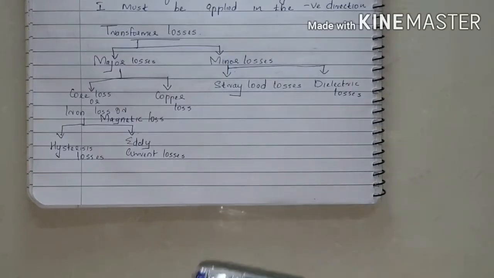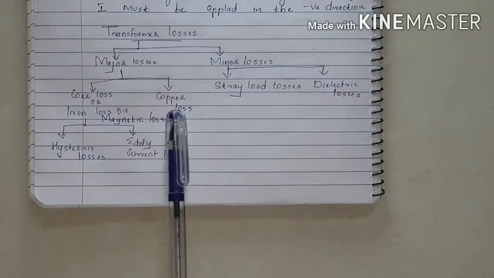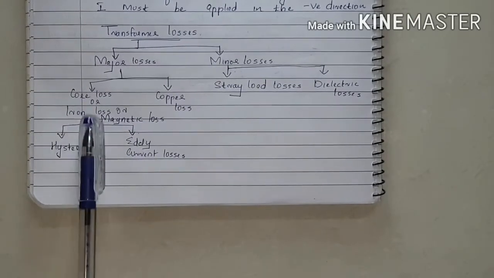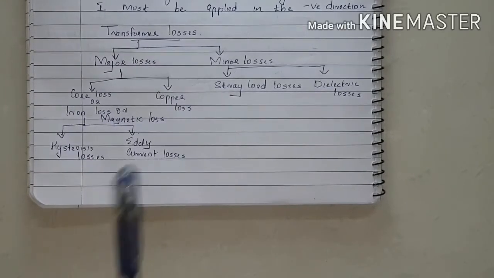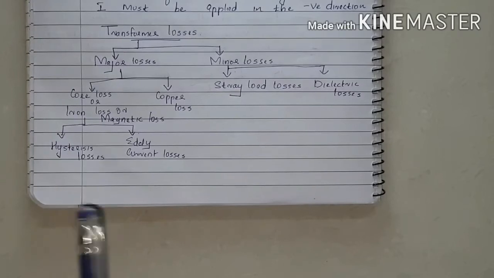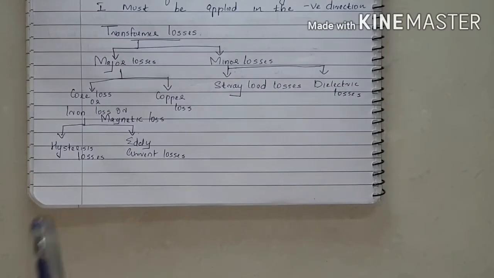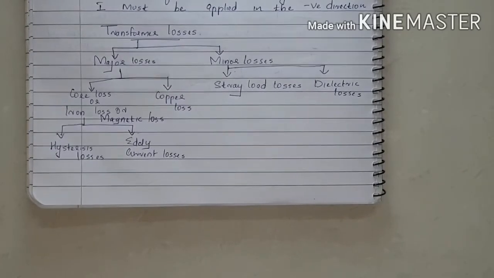The major loss is because of two losses, core loss, also called iron loss or magnetic loss, all are one, and the second loss is copper loss. This core loss is again classified into two losses. One is hysteresis loss and the second one is eddy current loss.